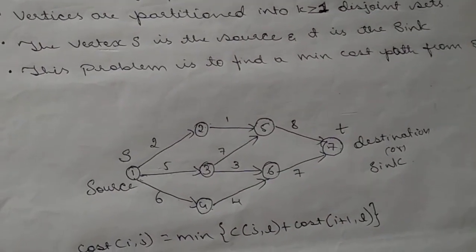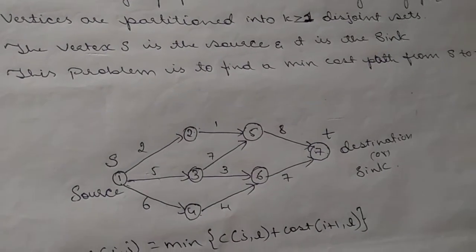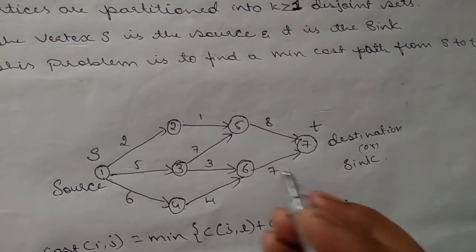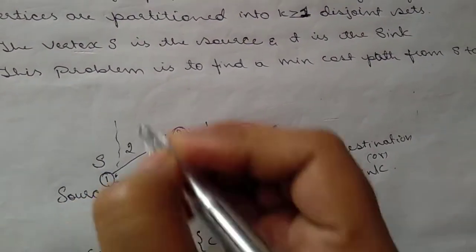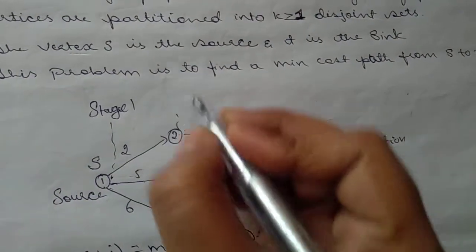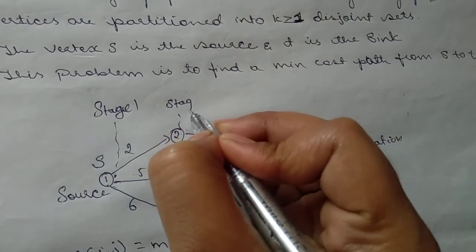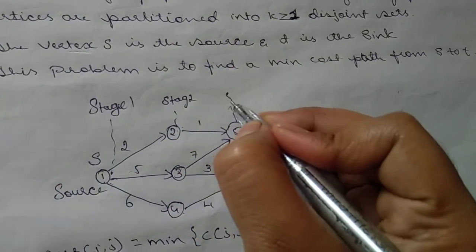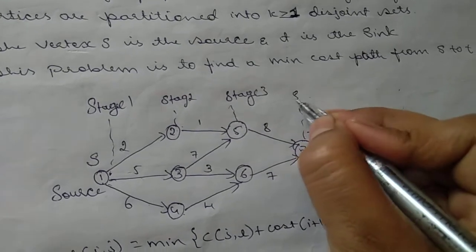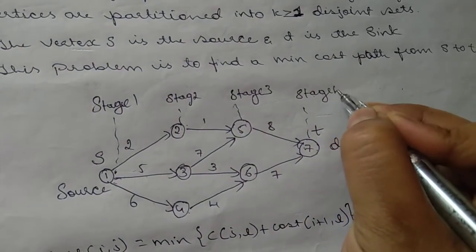One more thing you have to remember, all the vertices are scattered with respect to the stages. Here this first vertex is called stage 1, this is called stage 2, this is called stage 3, and this is called stage 4.